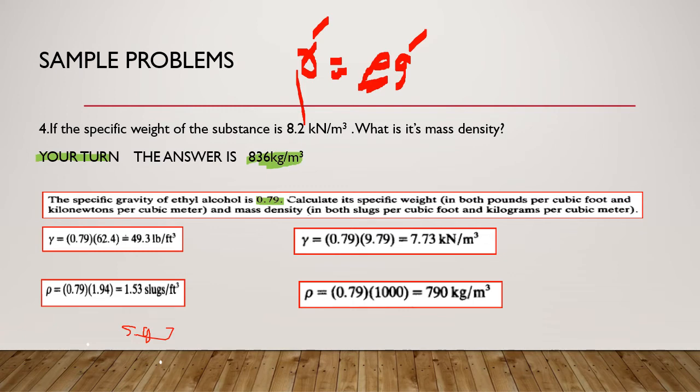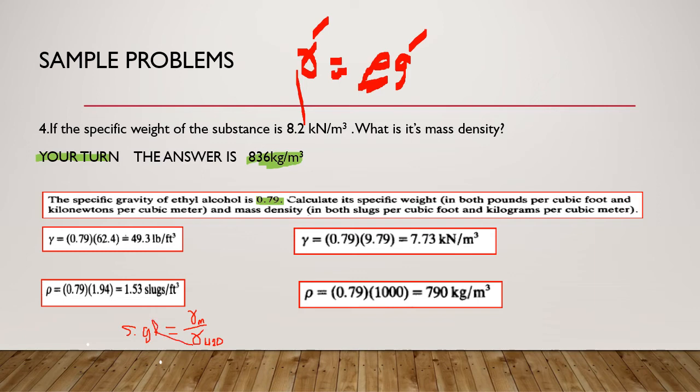So, gawin natin equal to gamma of the material over gamma of water. Ayan ang formula. Gamma of the material over, cross multiply, this will be coming there.